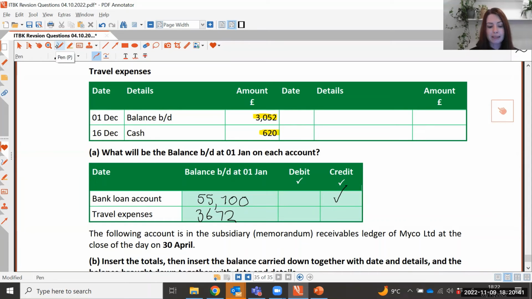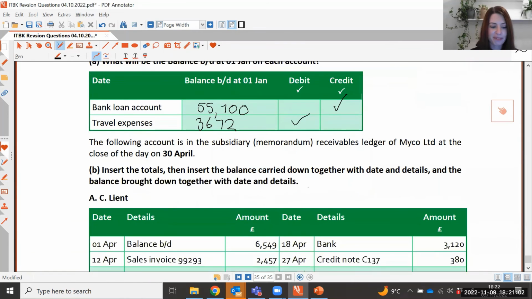So travel expenses, the balance brought down, would it be a debit or a credit? Yeah, good. Yes, so it would be a debit because it's an expense account. Excellent.